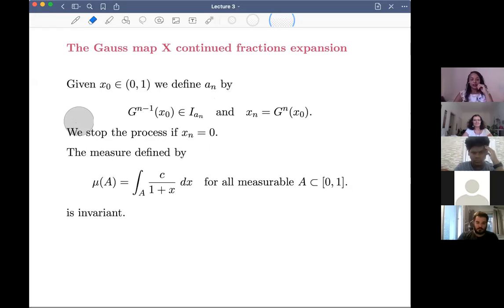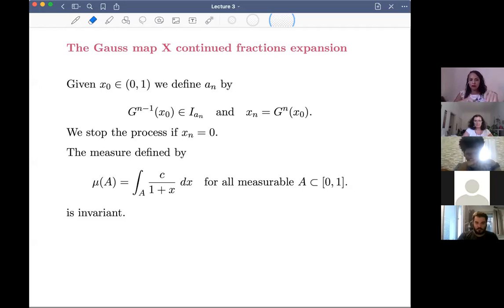All right. So the nice thing is that we have a good measure that is invariant. We define the following measure. The measure of each set is simply the integral on this set of c over 1 plus x dx, where c is any number.